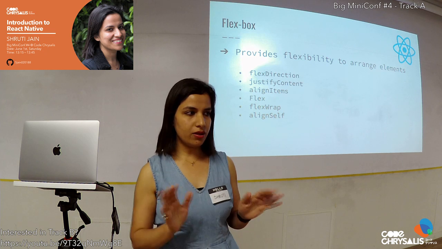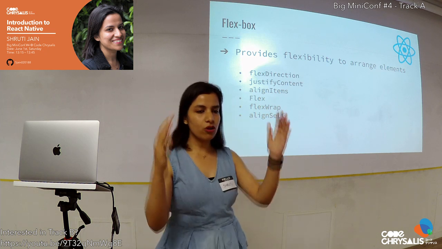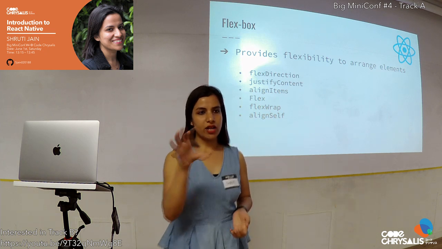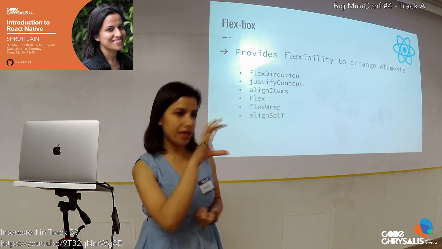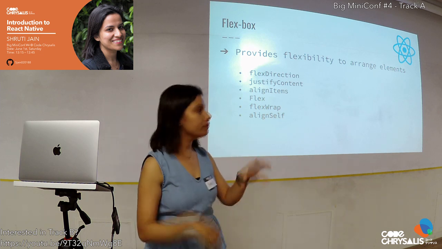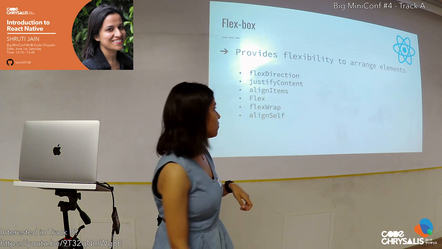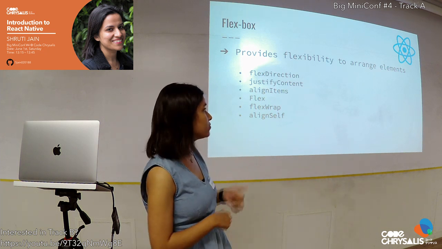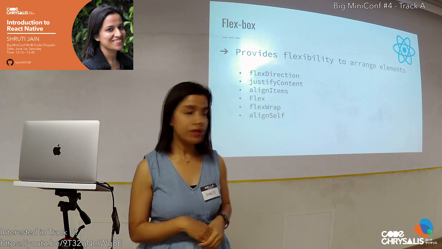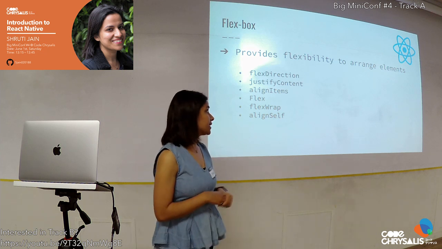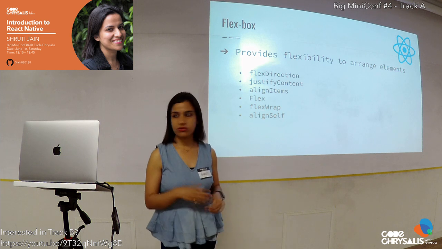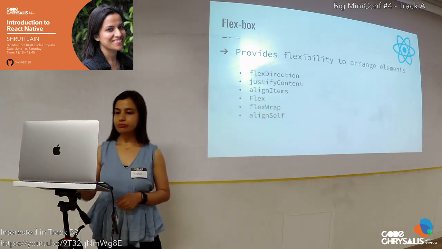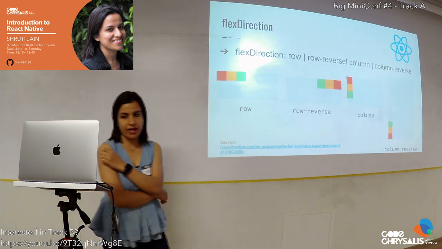The parent component can specify whether they should be in a row or a column. We'll see in a minute. Here are some of the Flexbox properties that you can use: flex direction, justify content, align items, flex wrap, and align self. So let's see flex direction.